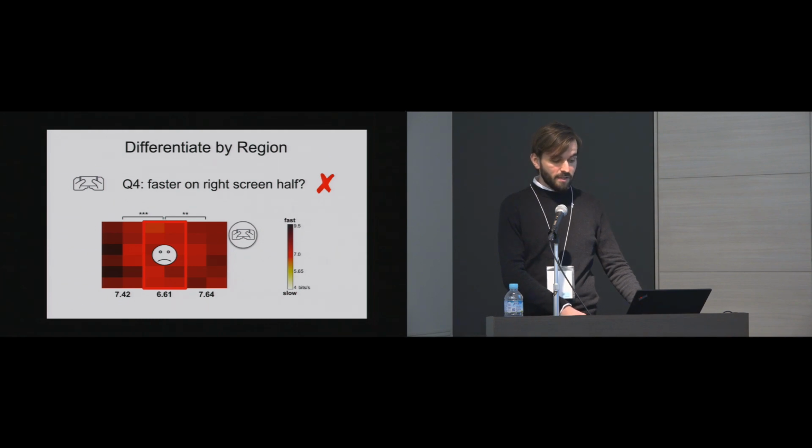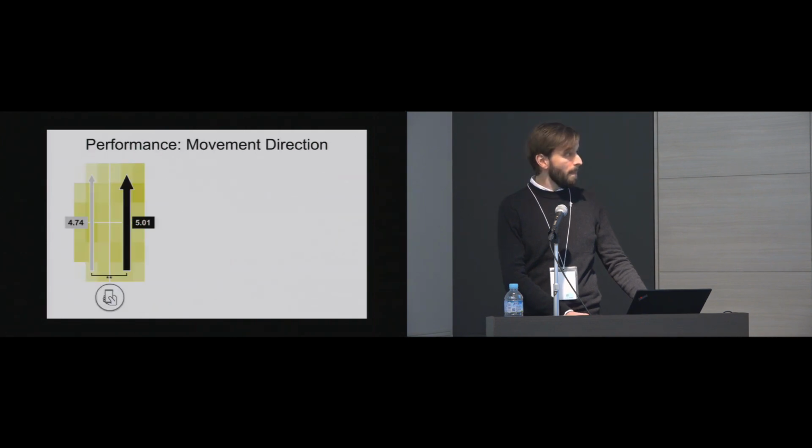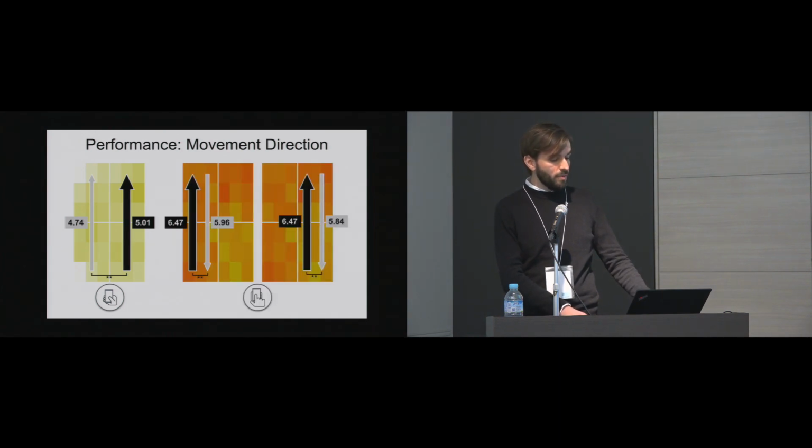We were also interested in the performance of movement direction, and for this we performed another analysis. Here you can see for the one-handed thumb grip that an upward movement is faster on the right screen half than on the left. For the two-handed index grip, we found a difference between the upward and the downward movement.